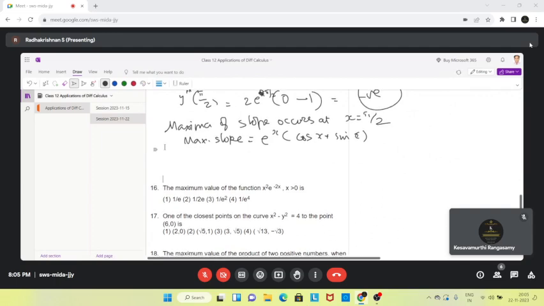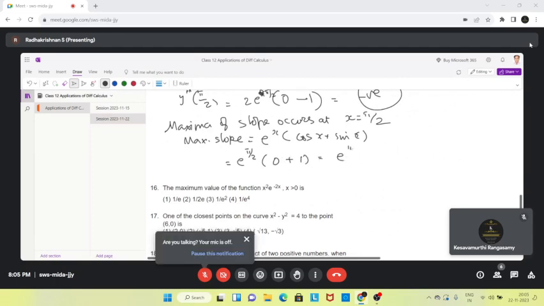At x equal to pi by 2, that means e power pi by 2 into cos pi by 2 plus sin pi by 2. So we simply get e power pi by 2. This is the maximum slope.